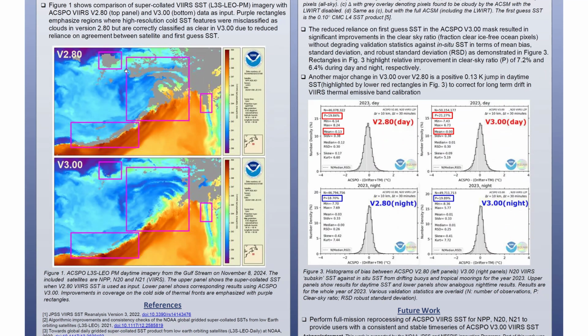The purple rectangles emphasize the regions where high resolution cold SST features were often misclassified as cloud in version 2.8. But in the lower panel, they are more correctly classified as clear in version 3.0. That's because we reduced the reliance of the mask on the agreement between satellite and level 4 SST.